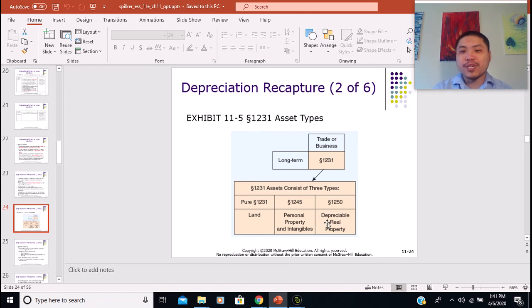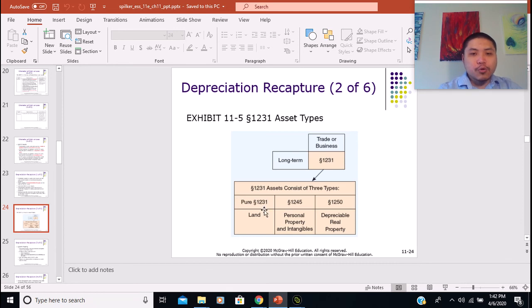So this is going to be buildings, houses, warehouses, real property that can be depreciated. Let's talk about this section 1250, which is what I mentioned earlier in one of the tables, but we're going to talk about that in a little bit.